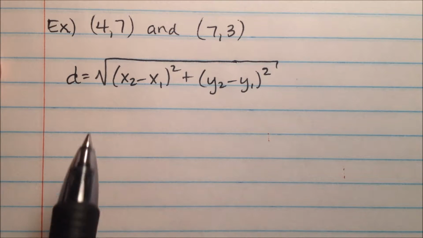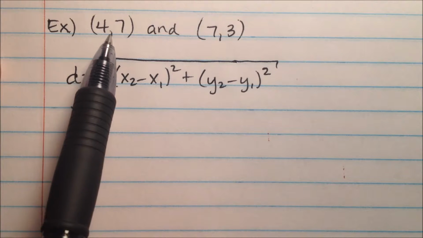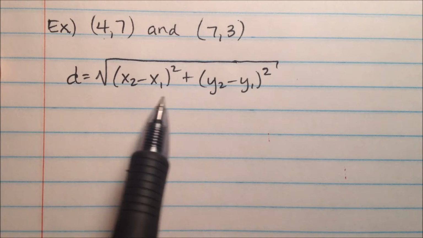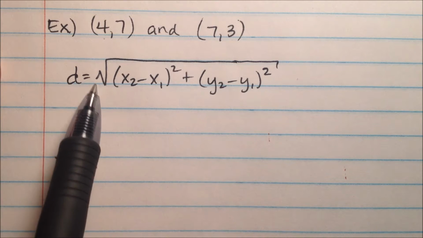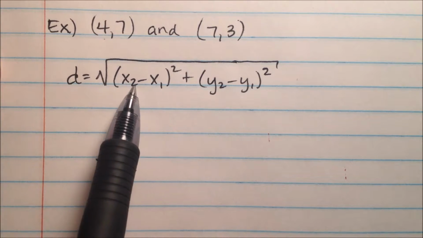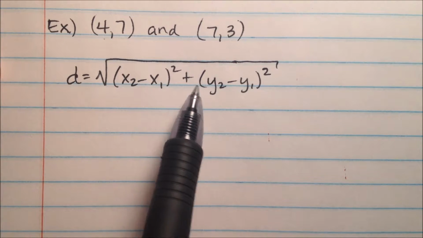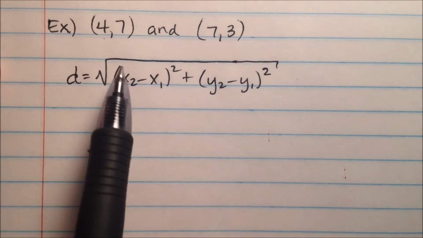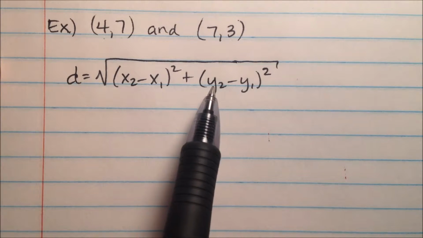In our next example, I'm going to find the distance between the points 4, 7 and 7, 3. So I already have written my distance formula here, where it's the square root of x2 minus x1, quantity squared, plus y2 minus y1, quantity squared. Okay, so what are my values of my x's and y's going to be?